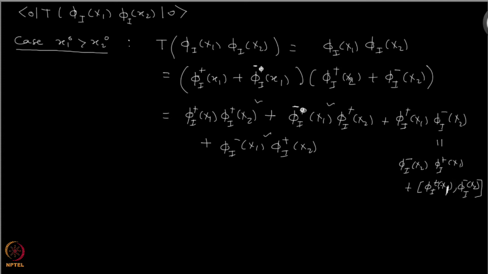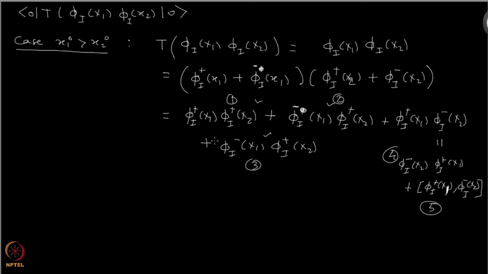Right. So now if you see, I have the following result. I have term number 1, term number 2, term number 3, term number 4, and term number 5, right? And in all the four terms, 1, 2, 3, 4, you have always a plus to the right and minus to the left.